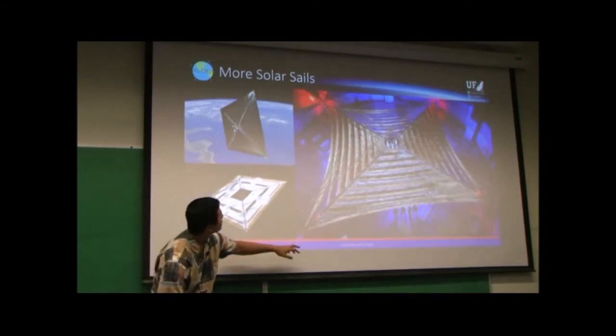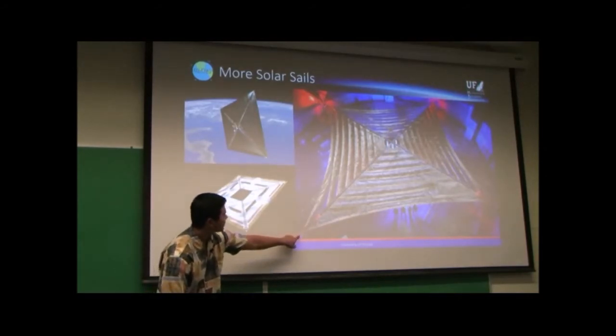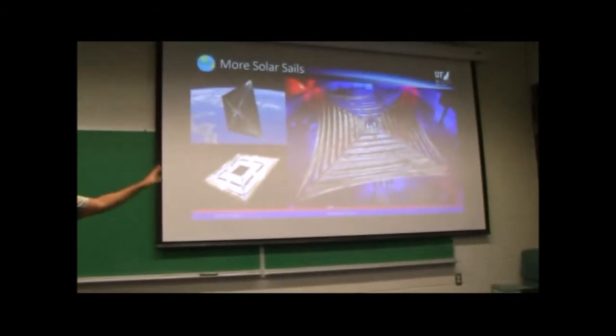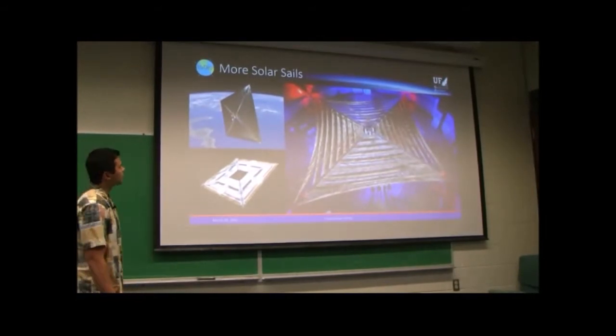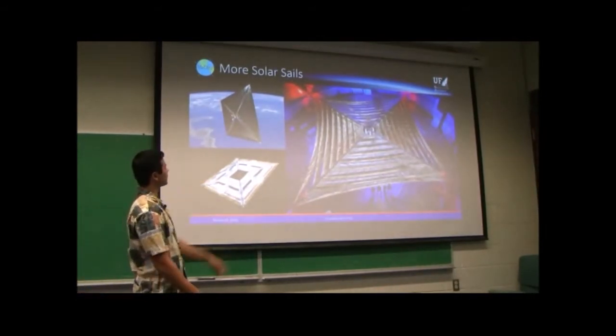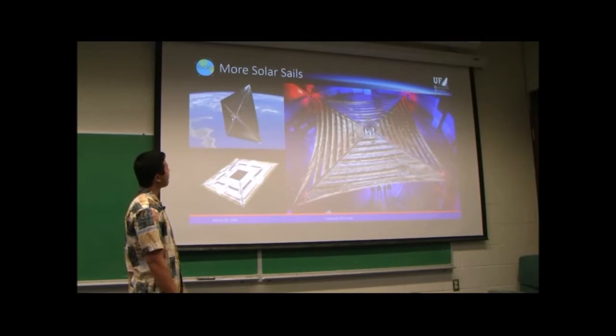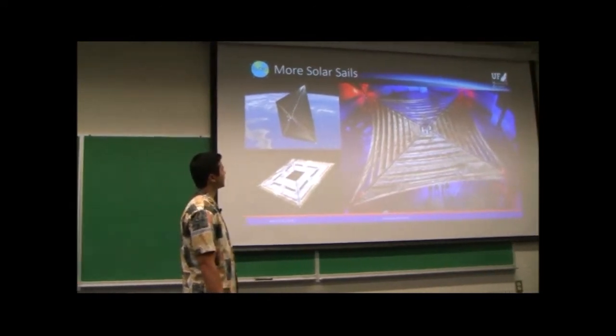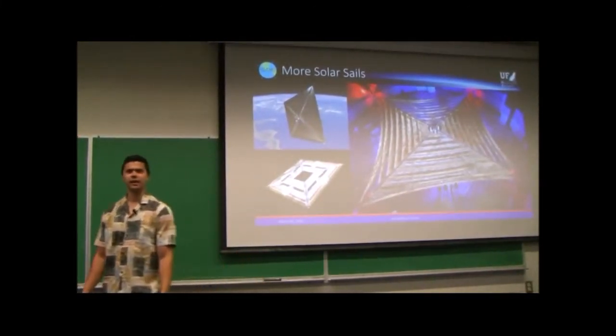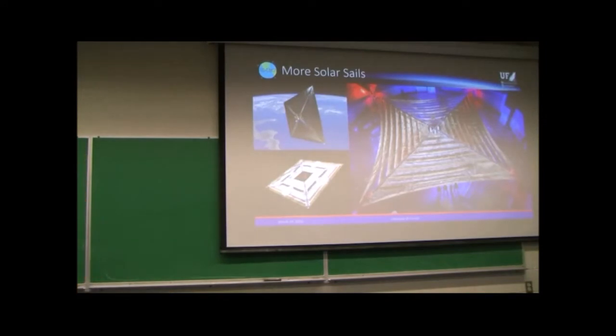I don't think you can see it in this picture, but at the tips of these vanes, there's actually smaller sails, you can call them, and those will actually change orientation. So you can get torques on each one of the ends of these booms here to get attitude control of this large guy. I'm not too sure how LightSail does their attitude control. I think it's a series of pulleys and tethers or something, but I'm not quite sure.